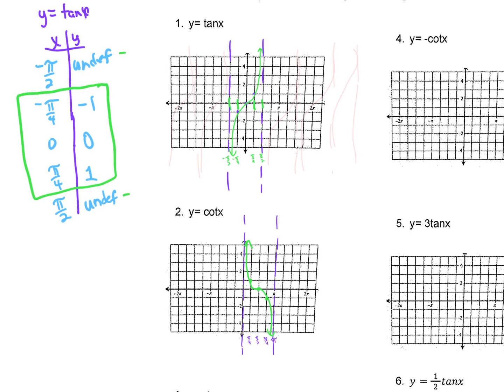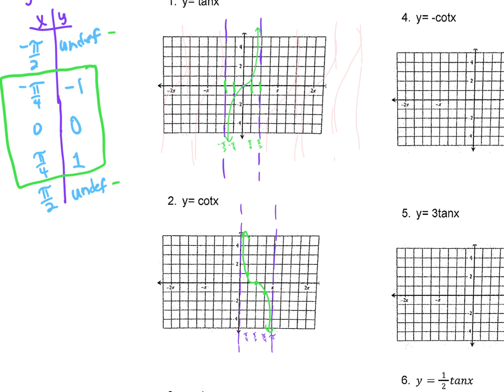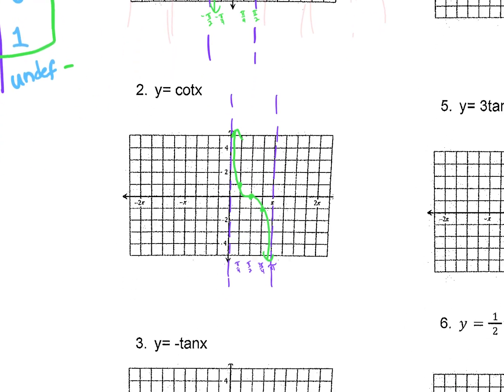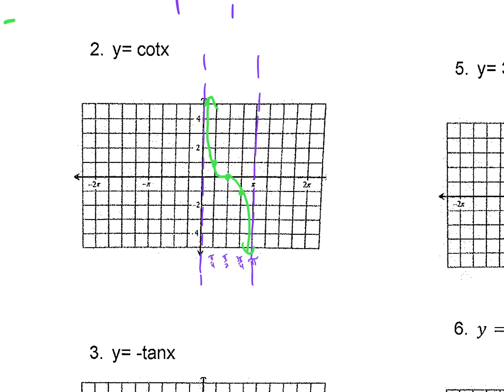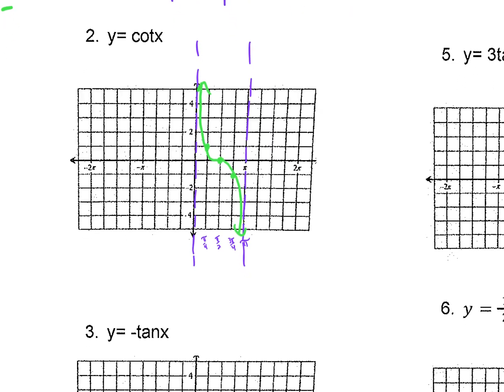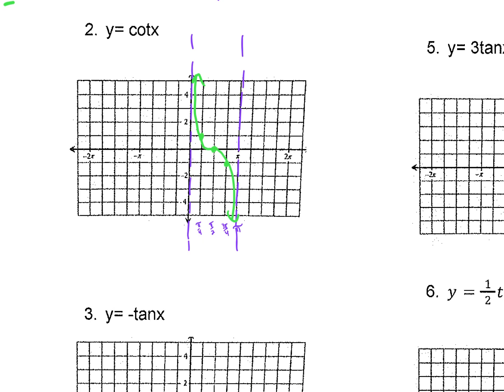So some similarities, but some differences there too. The period is pi. They both have the asymptotes, and the middle of the graph crosses through the axis. But the direction is different and the placement on the coordinate plane is different. So that's what you've got to get into the memory banks. Okay?